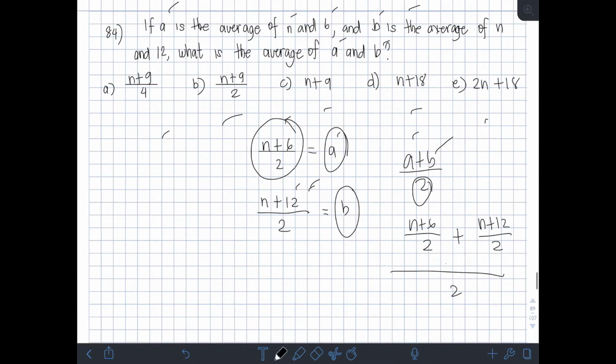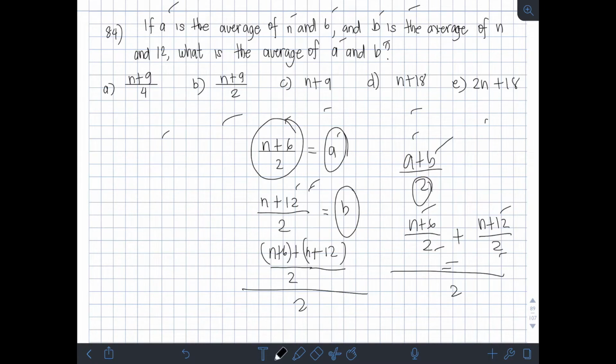Okay, so simplify natin tong numerator muna. So since para silang may denominator na 2, similar fractions, copy lang natin yung same denominator na 2, then add natin yung mga numerator. So n plus 6 plus n plus 12 all over 2.